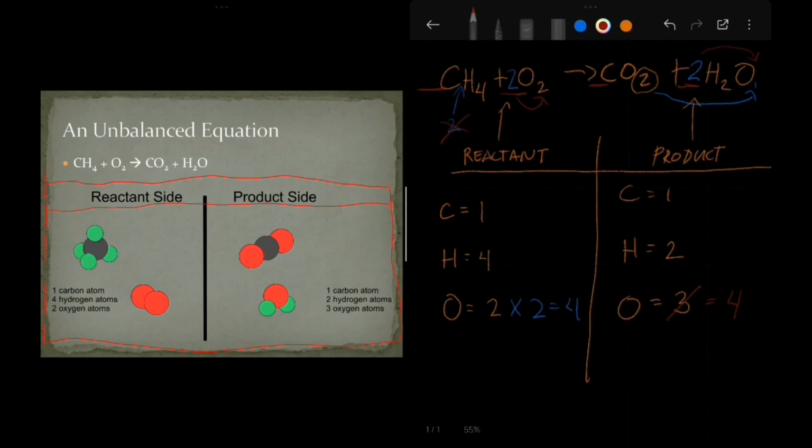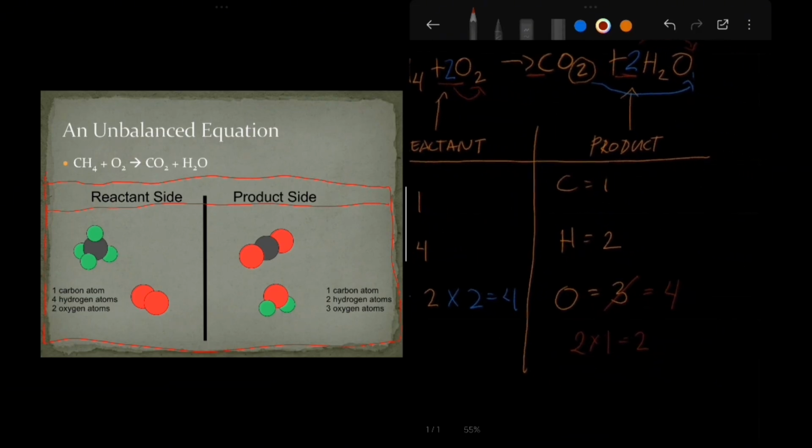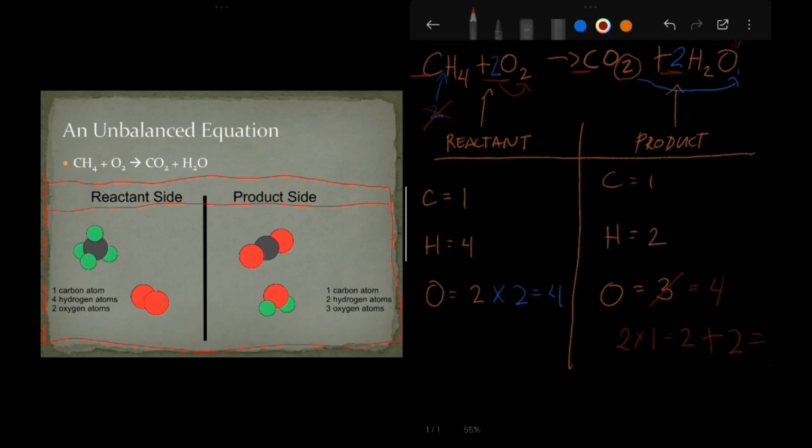Or let's say, so you will not be confused, again, 2 times 1 is 2, and then we add another 2, the subscript 2 of the oxygen, and definitely we got 4. So our oxygen here is already balanced.